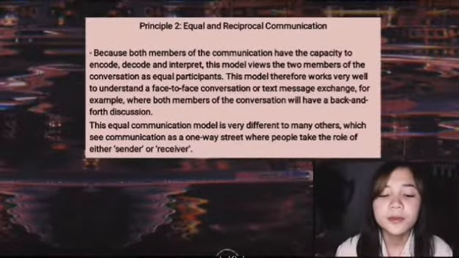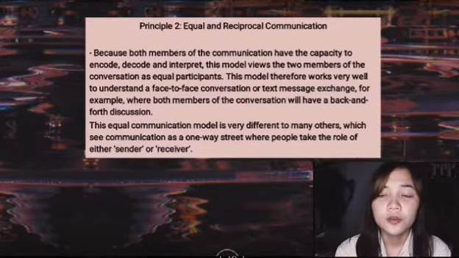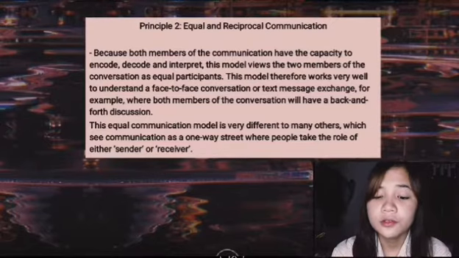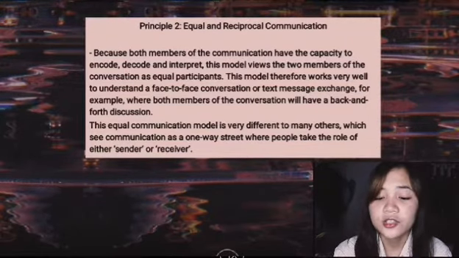The second principle is equal and reciprocal communication, because both of the members of the communication have a capacity to encode, decode, and interpret. This model views the two members of a conversation as equal participants. This model therefore works very well to understand face-to-face communication or text message exchange.